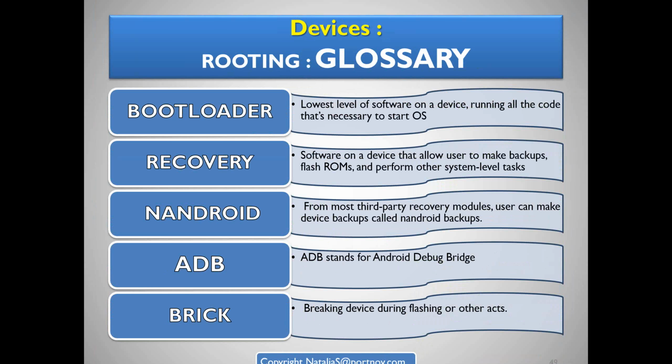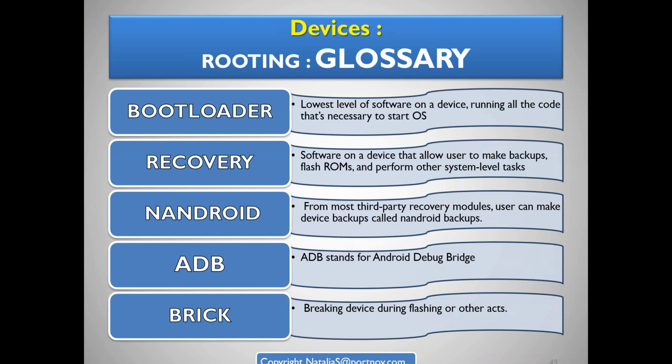Then we have the bootloader. If you guys are familiar with BIOS on your PCs or laptops, it is the lowest level of software on your phone, and it runs all the code that is necessary to start your operating system.